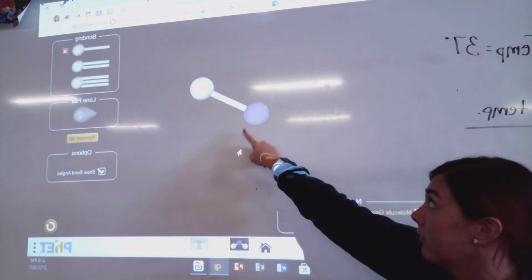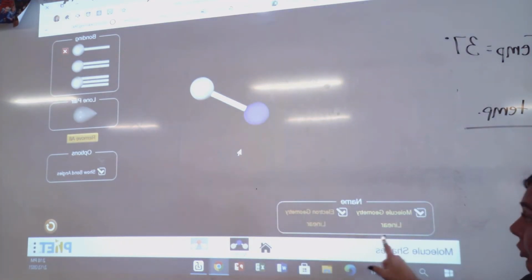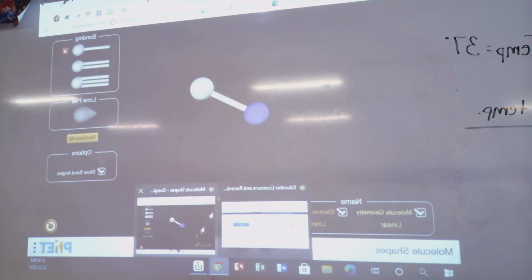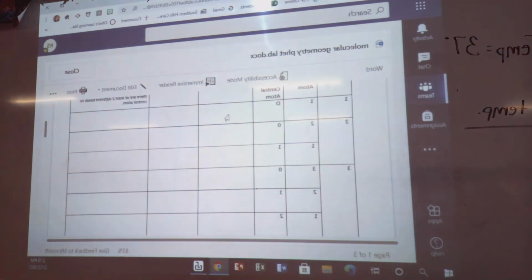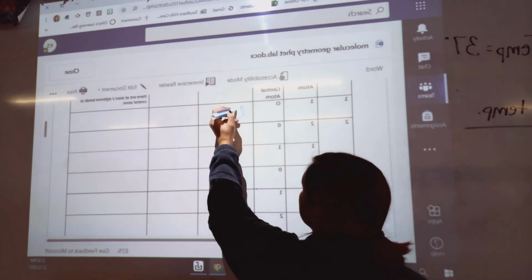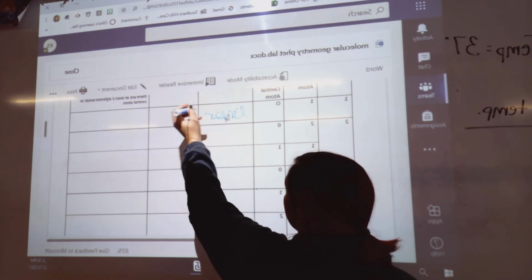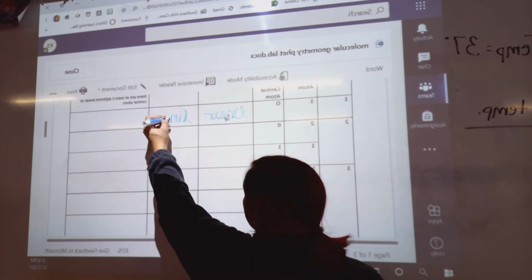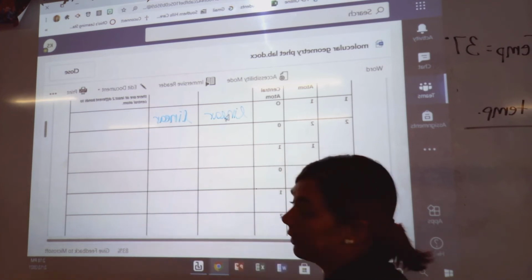There's not when you only have 2 things. So my geometries for both, in this case, is linear and linear. So I go back to my worksheet, and in this first box, I would type linear for the electron geometry, and then the molecular geometry was also linear.